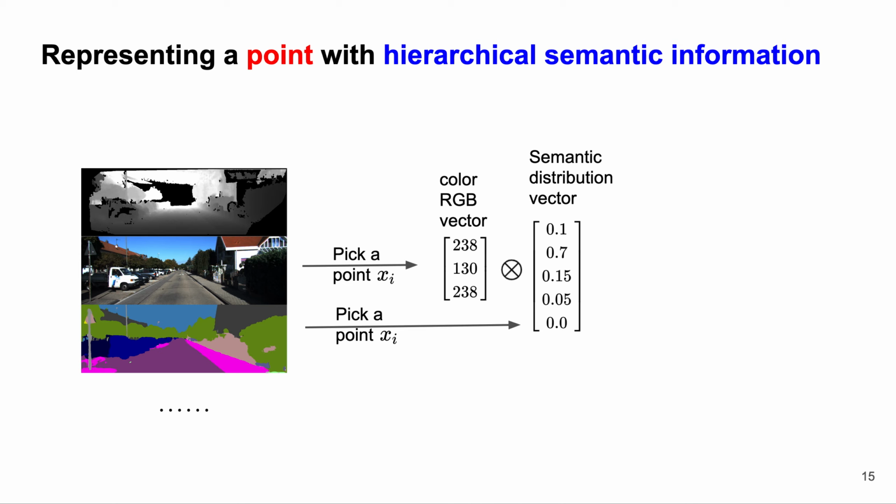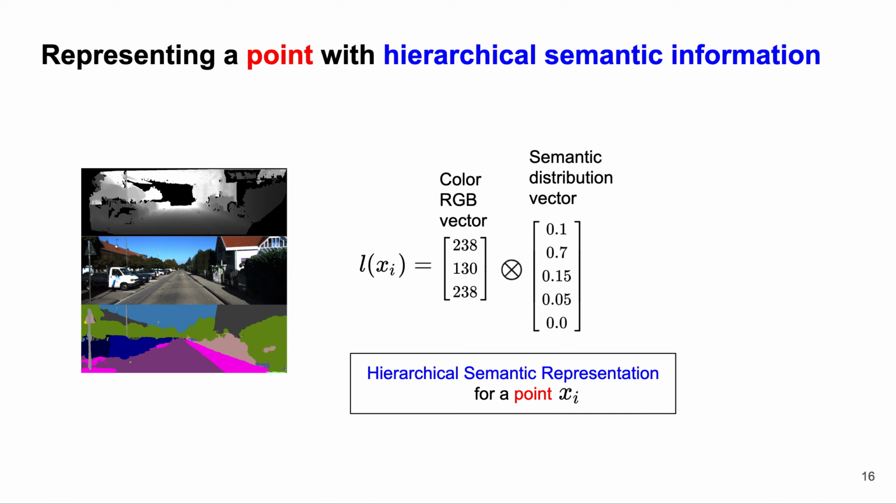We combine them with the tensor product. And this is what we call the hierarchical semantic representation for a single point x, or we can call it a label. So this label will encode the non-geometric information for a single point.